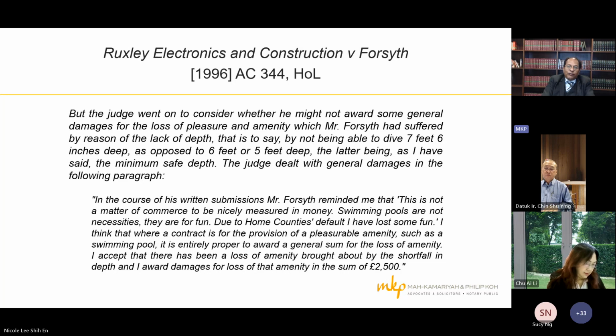So the cost of replacing the pool would have been about 8 times as much as what the judge awarded. And this is the same sum, £2,500 for loss of amenity, which the House of Lords reinstated as opposed to the Court of Appeal's decision to allow the cost of reconstruction.